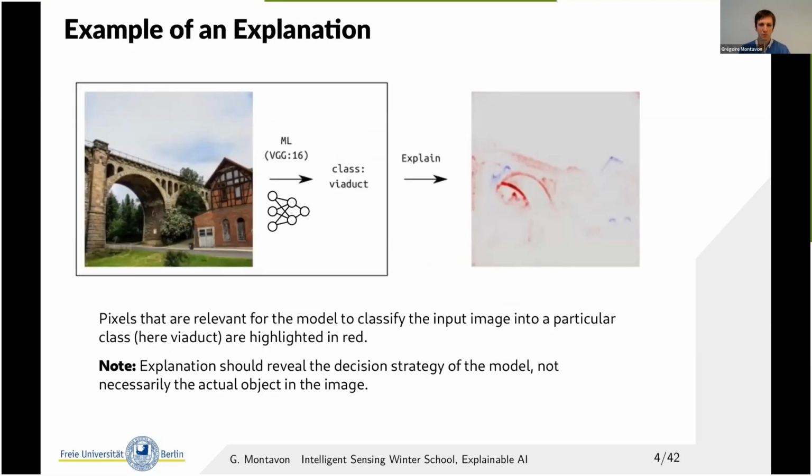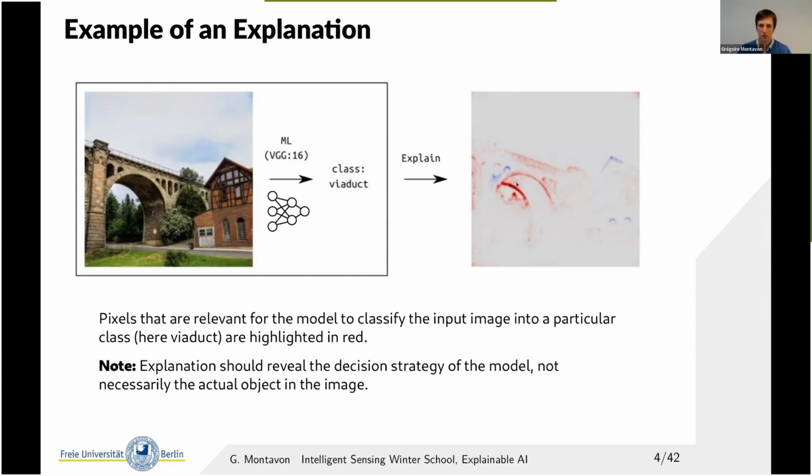So this is an example of an explanation. So typically you have like an image which is received by some classifier. So here the classifier is assumed to be trained, for example, a neural network for image recognition. And then this neural network, let's assume that it produces high evidence for the class viaduct. And then the idea is that the explainability technique, explainability module, will try to identify pixels that have contributed for or against that prediction.